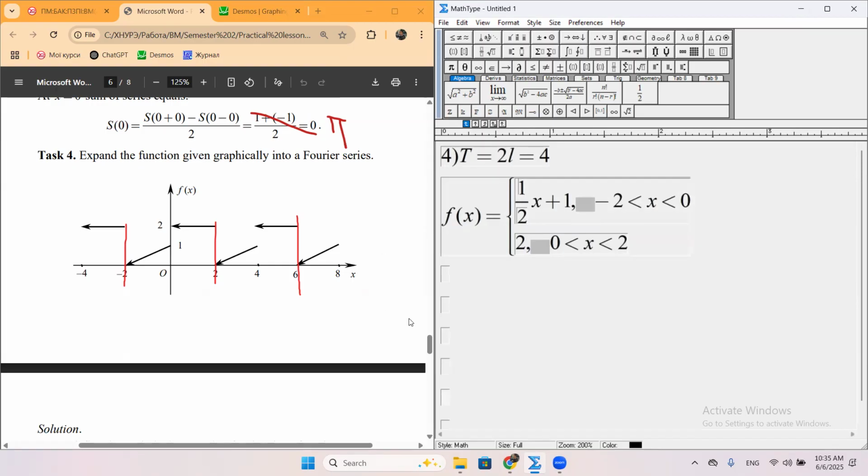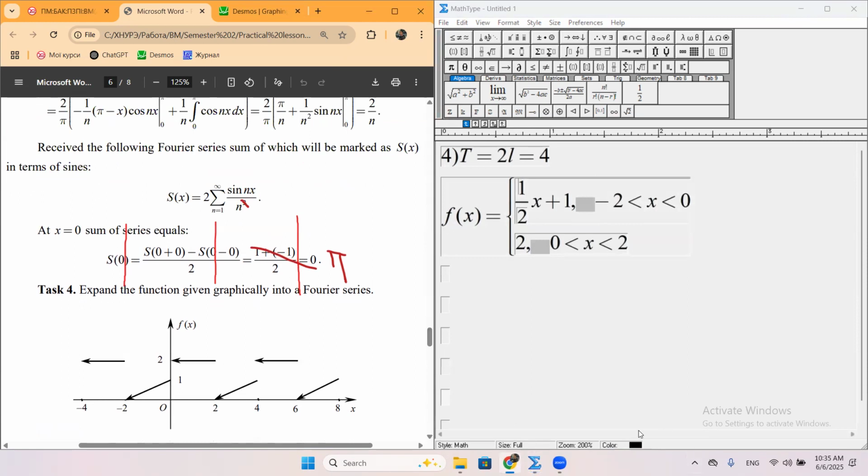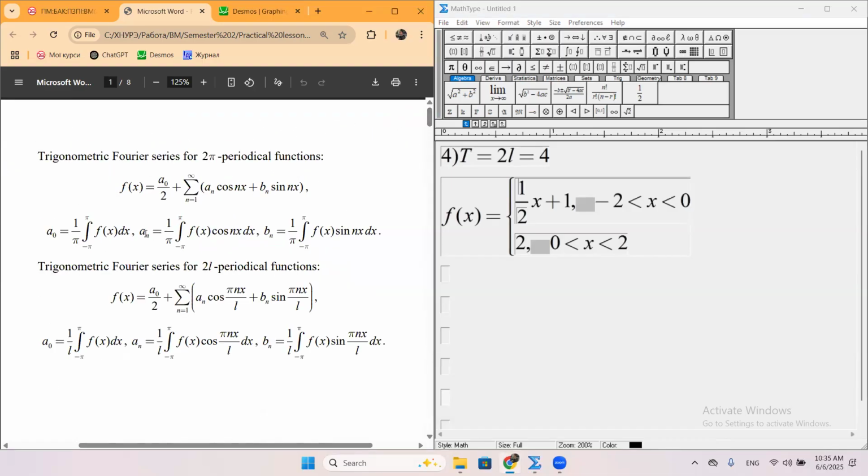So this function has period of 2L. Let me clear my drawings. So these are formulas for Fourier series for 2L periodical functions. They look similar to series for 2P periodical functions, but here L equals P. So that's why it is cancelled.